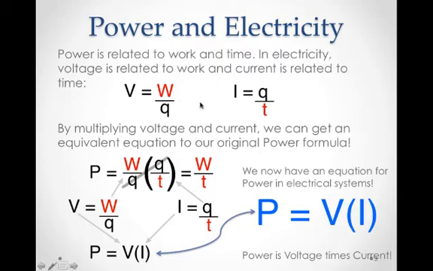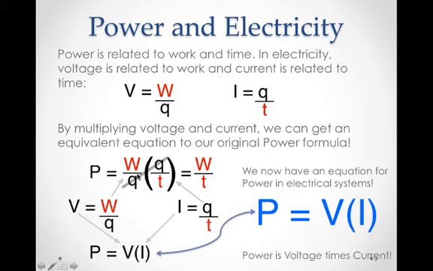Well, power is the amount of work you do in a certain amount of time, and work is related to voltage, and time is related to current. So if you stare at this long enough, you could see that if we multiplied work per charge times charge per time, the charges would cancel, and we'd get back our definition of power, how much work we do in a certain amount of time.